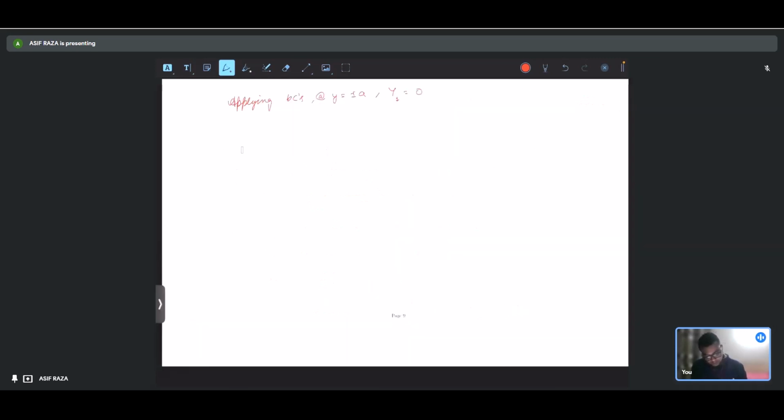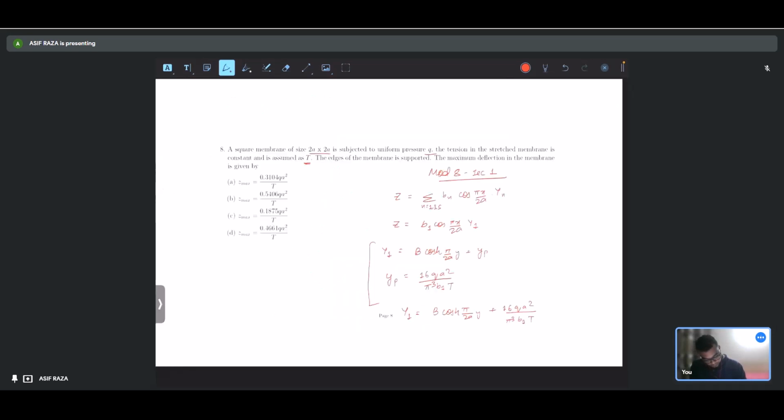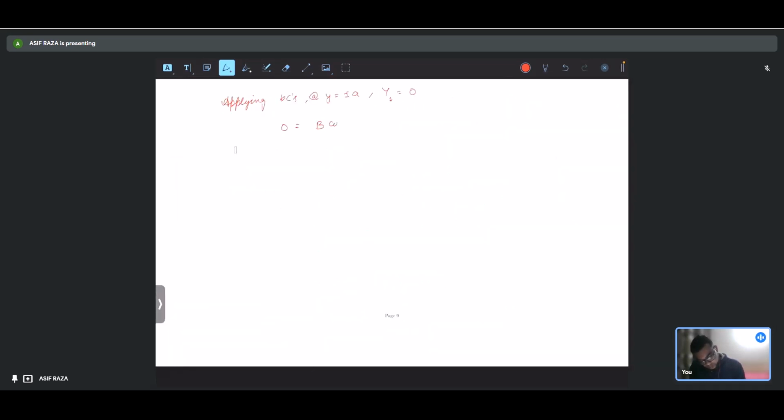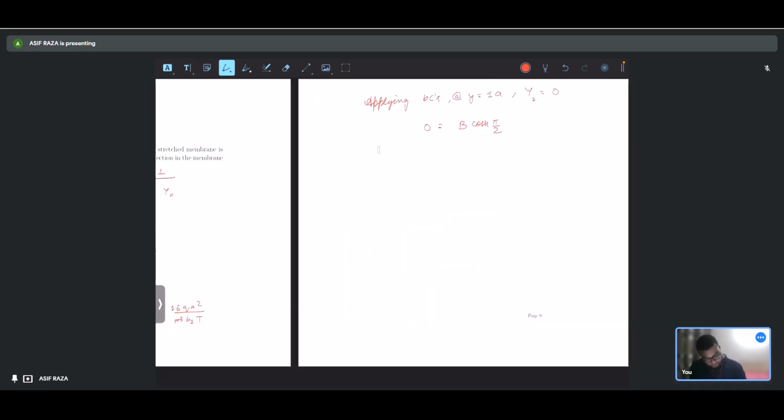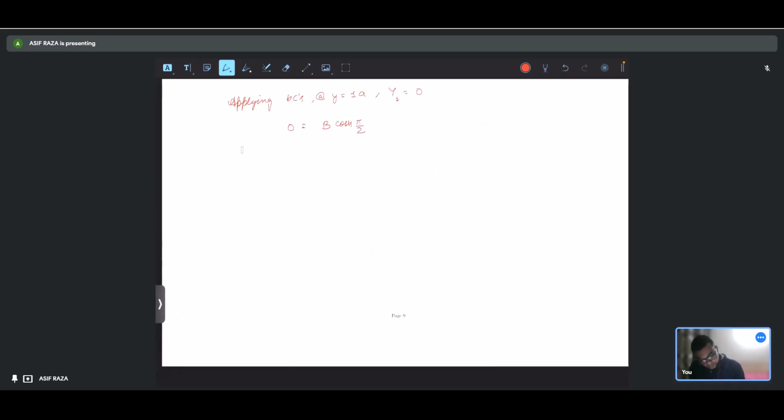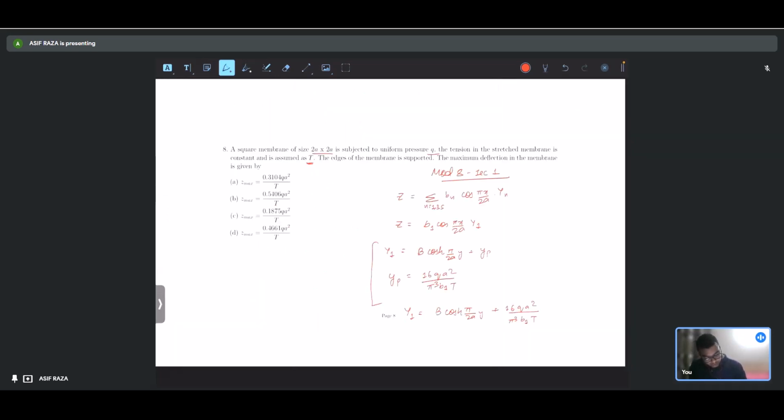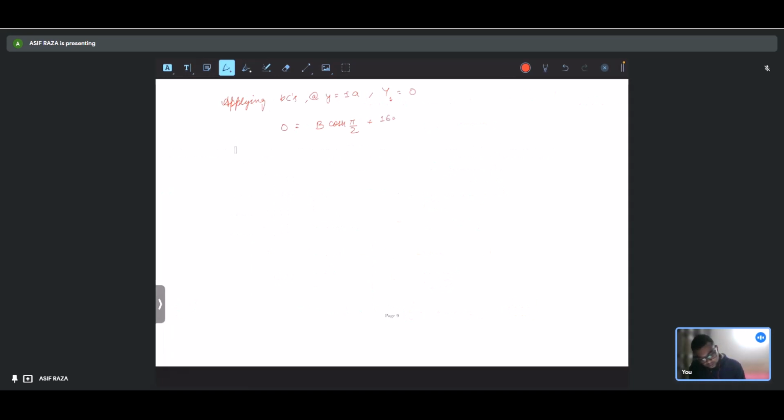So this will give me 0 equal to b cos hyperbolic of pi by 2 plus 16 q a square upon pi cube b1 t.